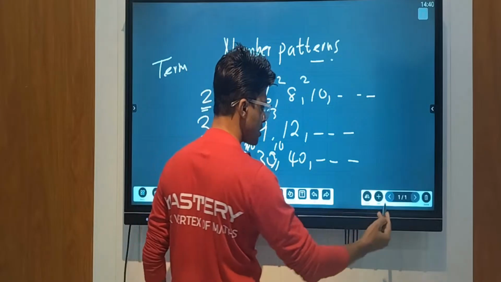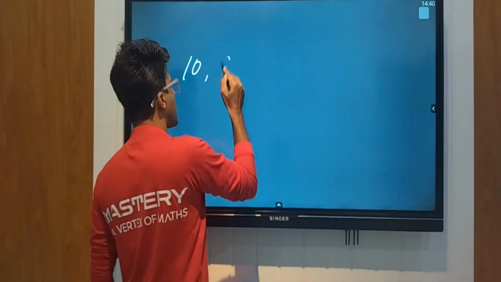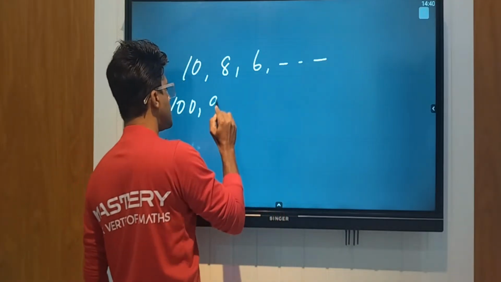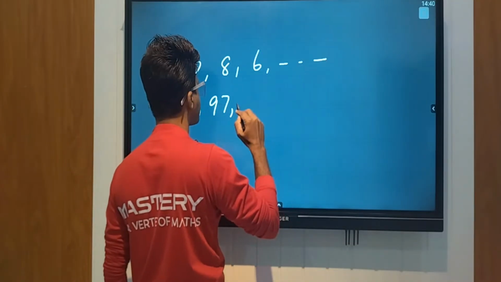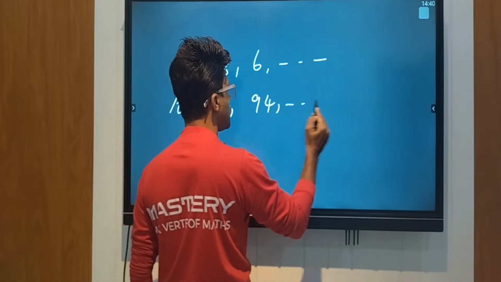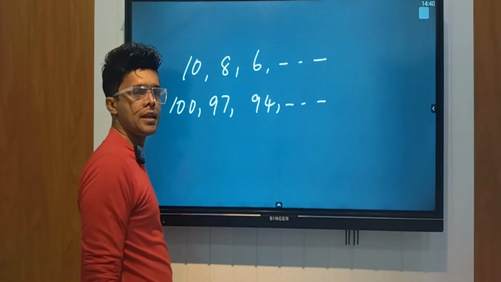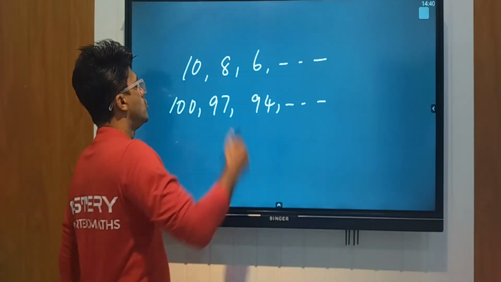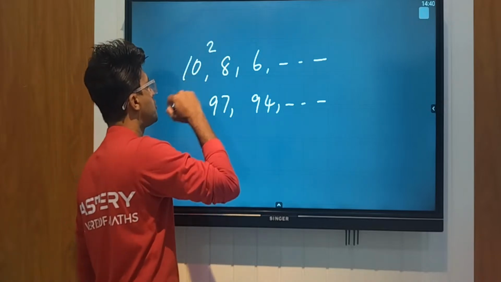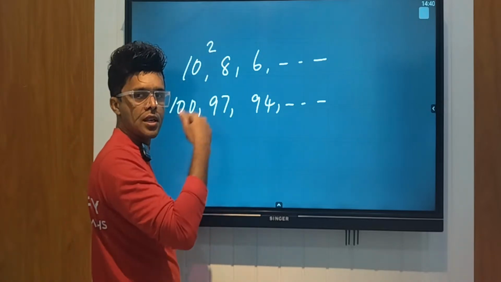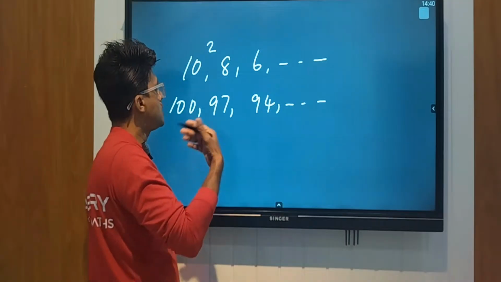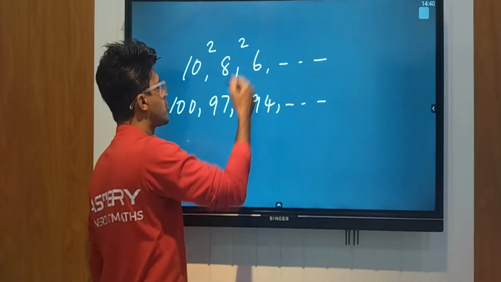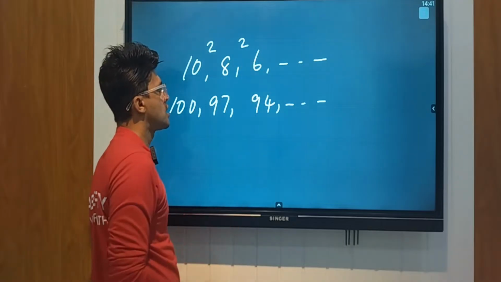Now think of this type of one: 10, 8, 6, and so on. And think of this one: 100, 97, 94. What has happened here in these number sequences? The same digit is subtracted in order to get the other term. 10 minus 2 is 8, 8 minus 2 is 6, and so on.